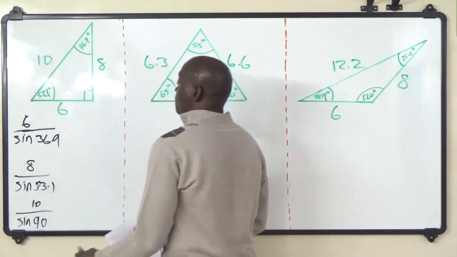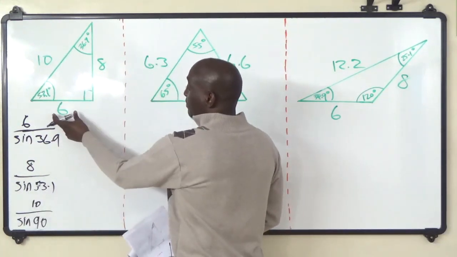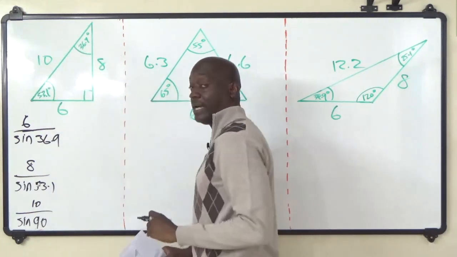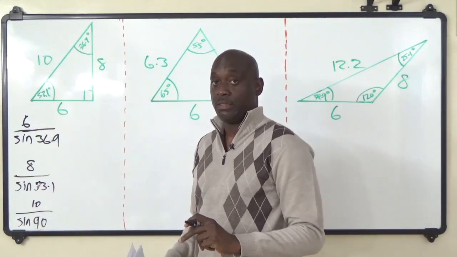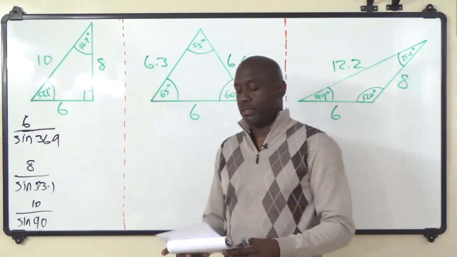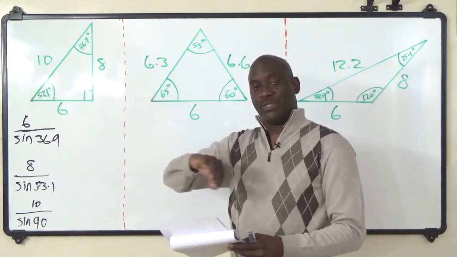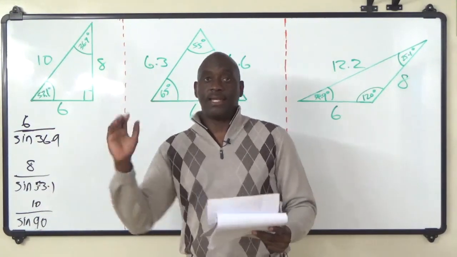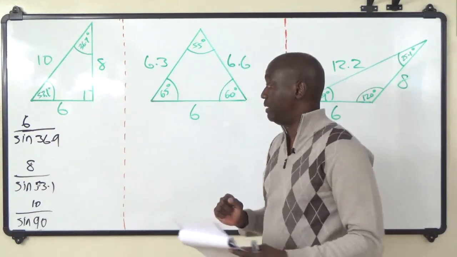The ratio of the side to the sine of the angle opposite the side. I deliberately started the explanation by using examples and not the general triangle, so you could actually see the law in operation, and then we come back to the general triangle at the end.